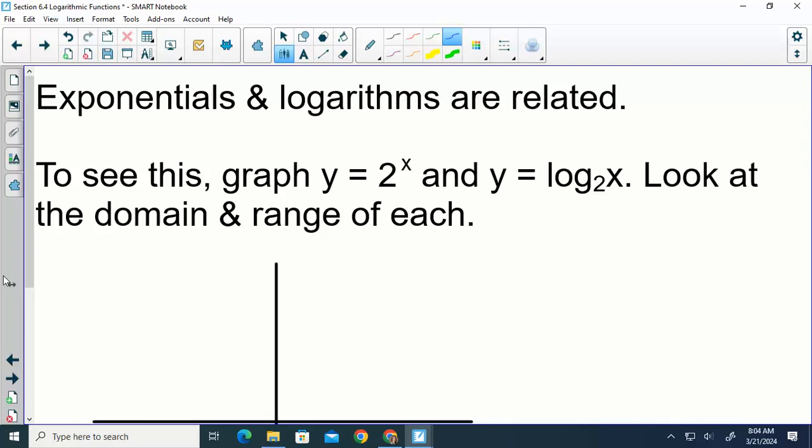When I had you graph exponentials, what did I always tell you had to do? How many points? 3. What values did we plug in for our x? -1, 0, and 1. So if I wanted to graph y equals 2 to the x, we always did essentially a t-chart, whether or not you wrote it out, we put a -1, 0, and 1 for the x values.